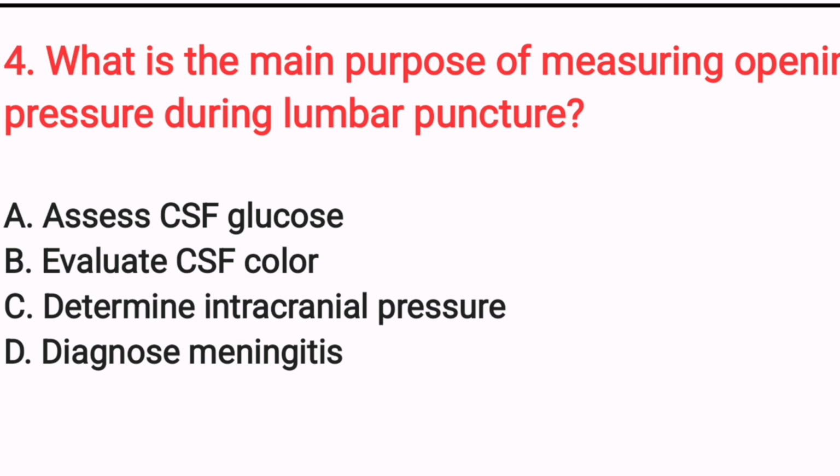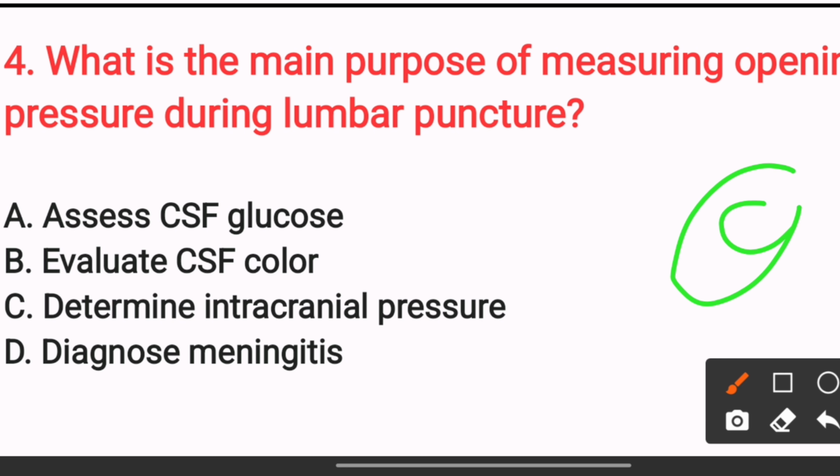Option D, diagnose meningitis. The answer is option C, determine the intracranial pressure, because measuring opening pressure helps to detect elevated or decreased intracranial pressure, which can guide diagnosis and management also.